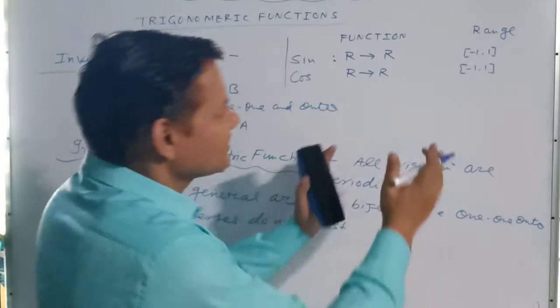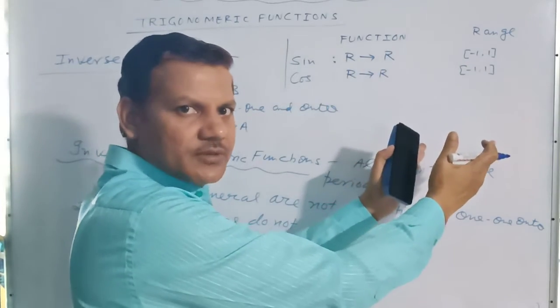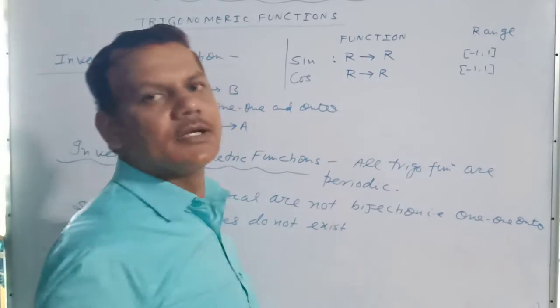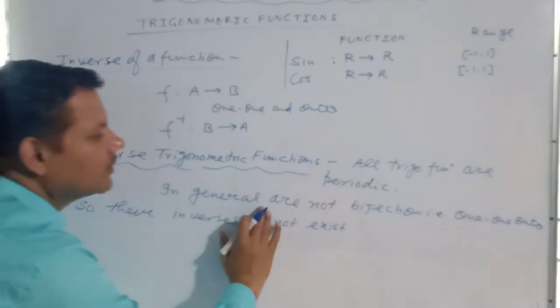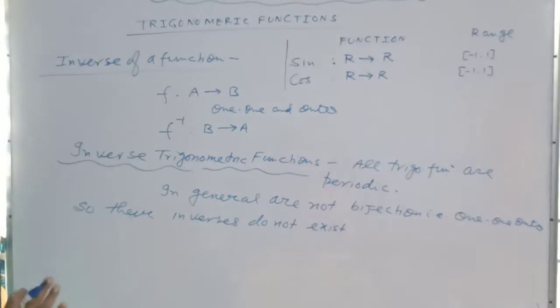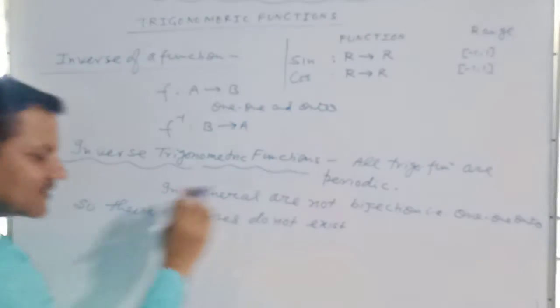As it is, there is no change in domain and codomain, so there is no chance of bijection, since they are many-one and into functions, and for an inverse it is required to be one-one and onto. So in general, all trigonometric functions are not bijective functions. So their inverses do not exist.